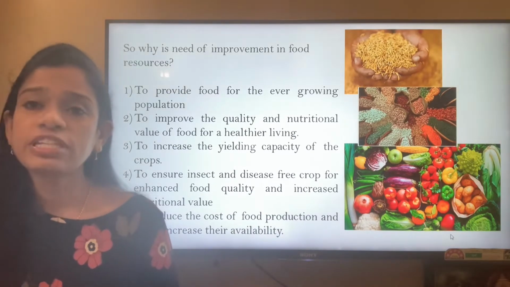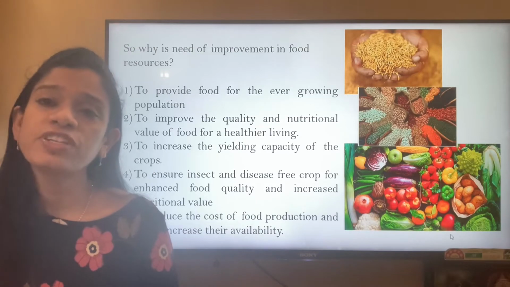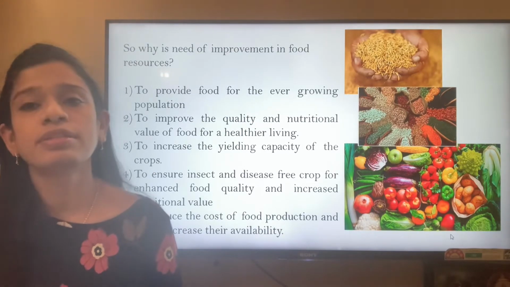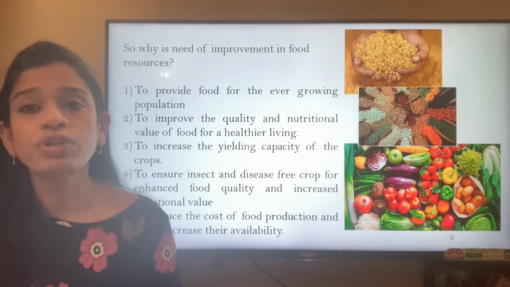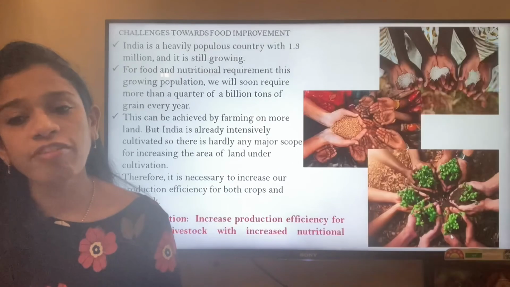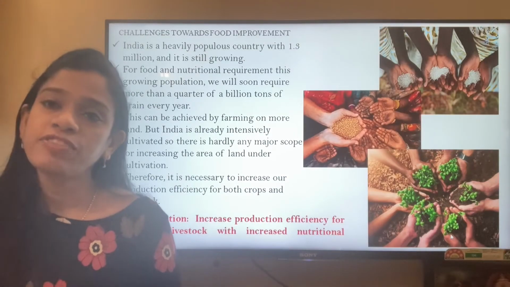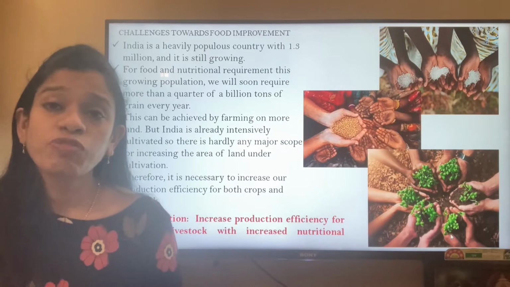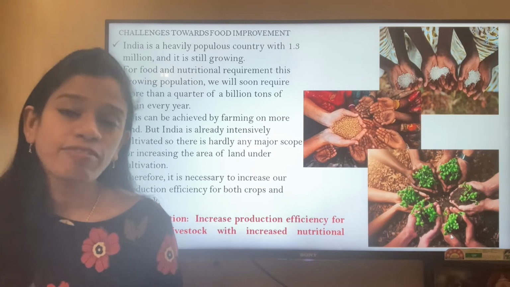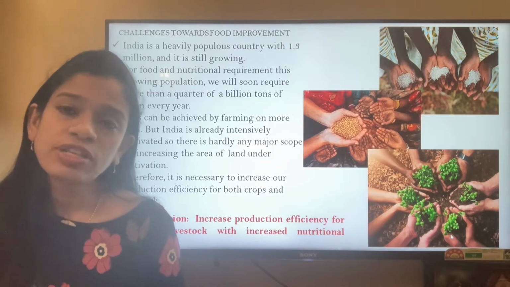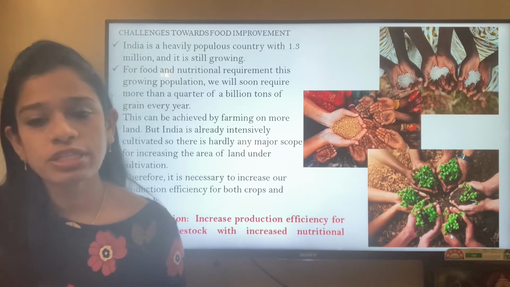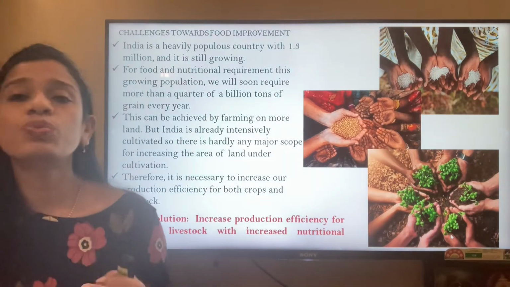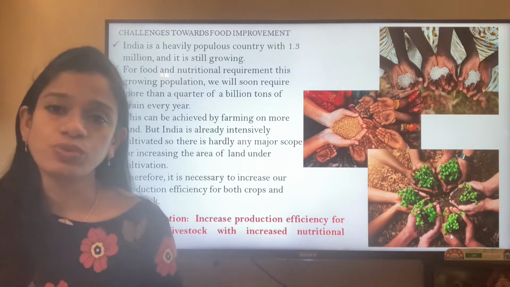So in order for this improvement, some efforts were made to meet this ever-increasing food demand. What were the efforts that were taken? Before that, we'll talk about the challenges towards this improvement of food.